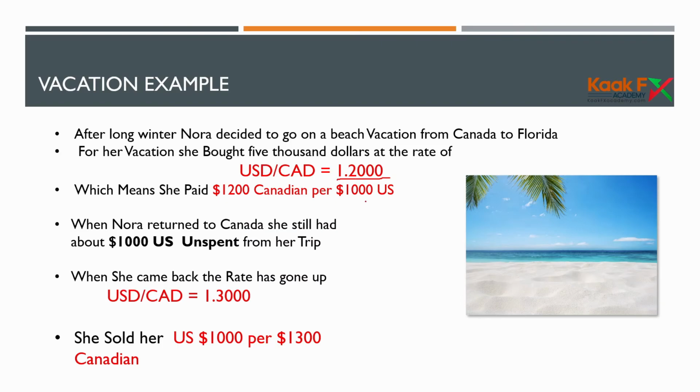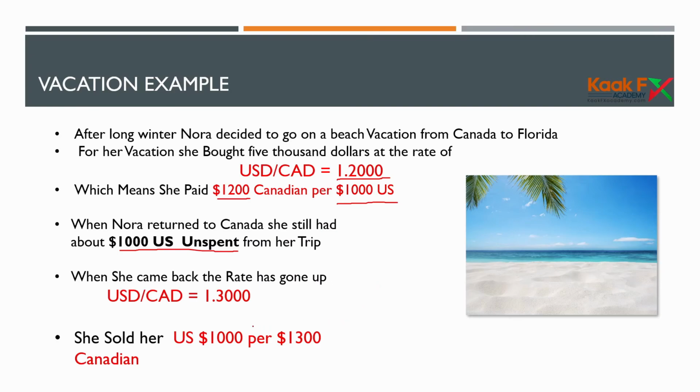So for every 1,200 Canadian, she got 1,000 US dollars. When she came back to Canada, she had about 1,000 US unspent. She cannot spend that money here in Canada because she has to exchange it back to Canadian dollars.